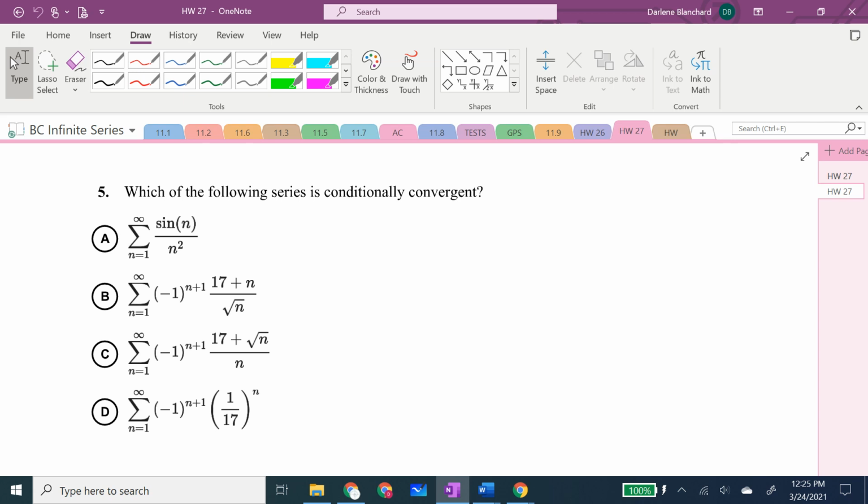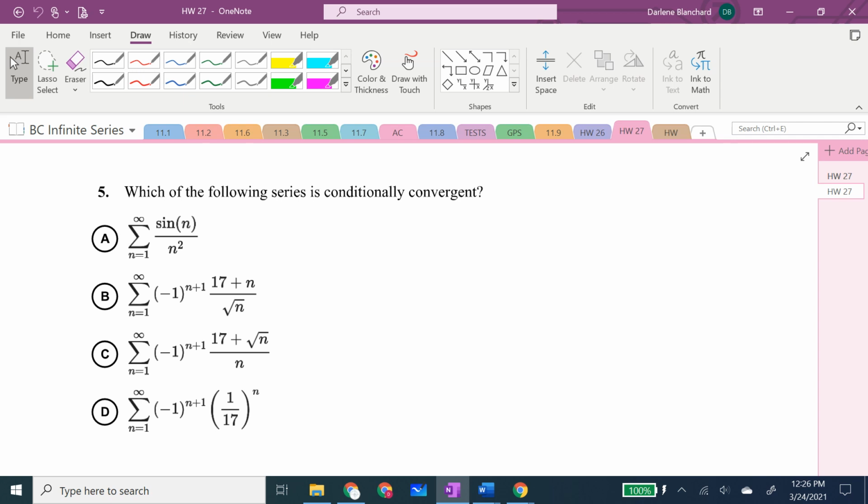Remember that conditional convergence means if I take the absolute value and I look at what I have, that series diverges. But if I look at it as is, it converges.